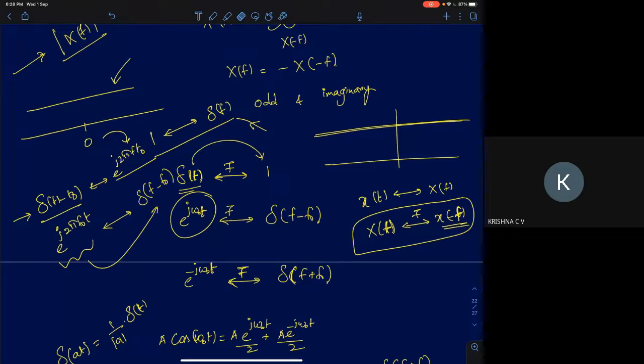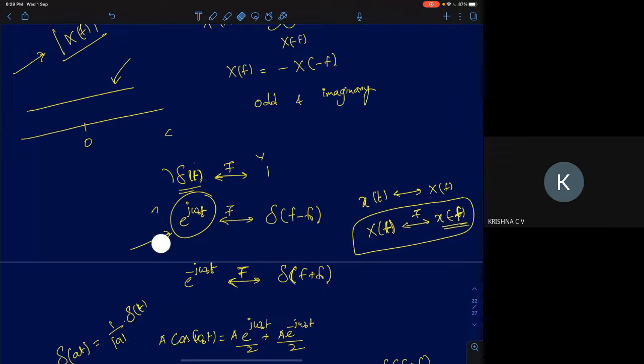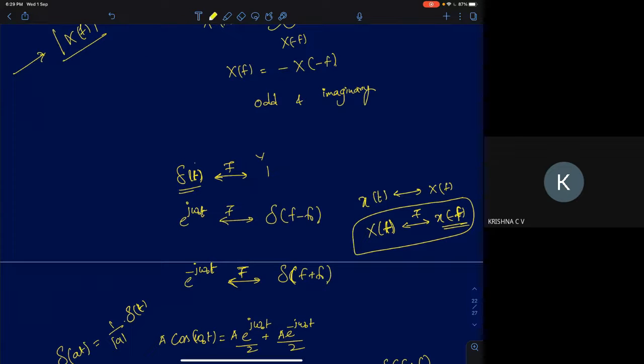Now look at this signal, e power j omega naught t, or e power j 2 pi f naught t. It is a complex signal. Because it's a complex signal, what can you say about its Fourier transform? You don't have to worry about the conjugate symmetric conditions anymore.